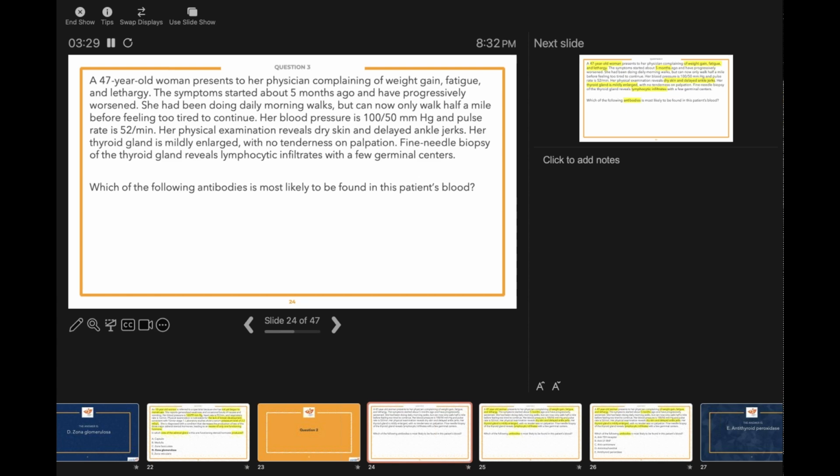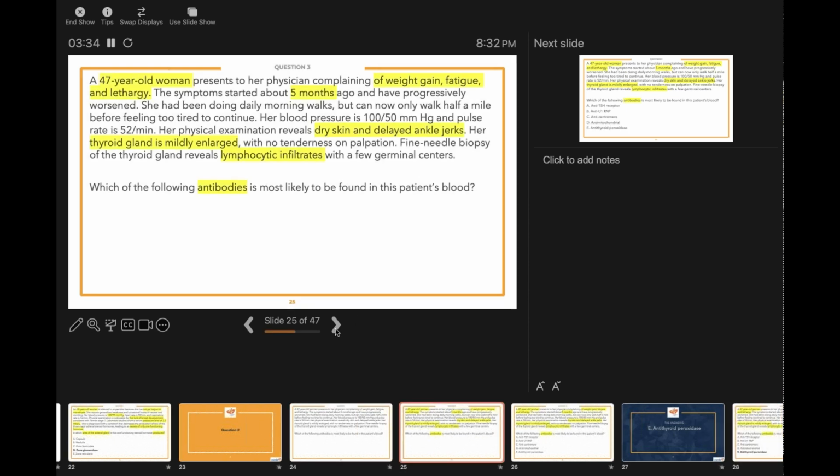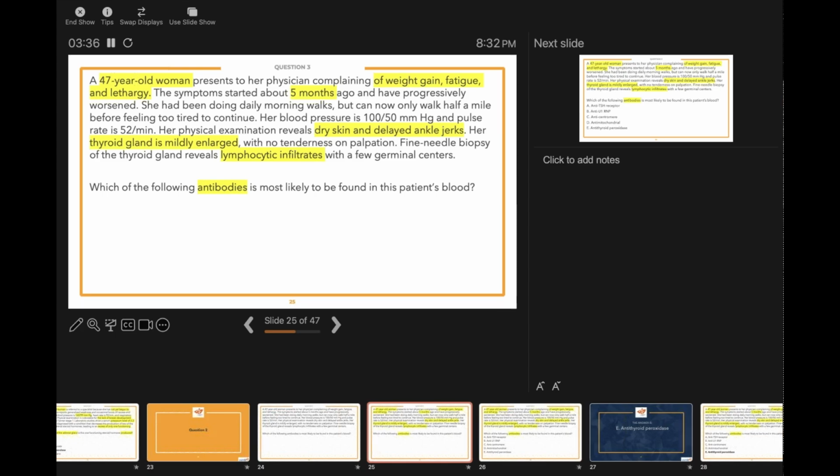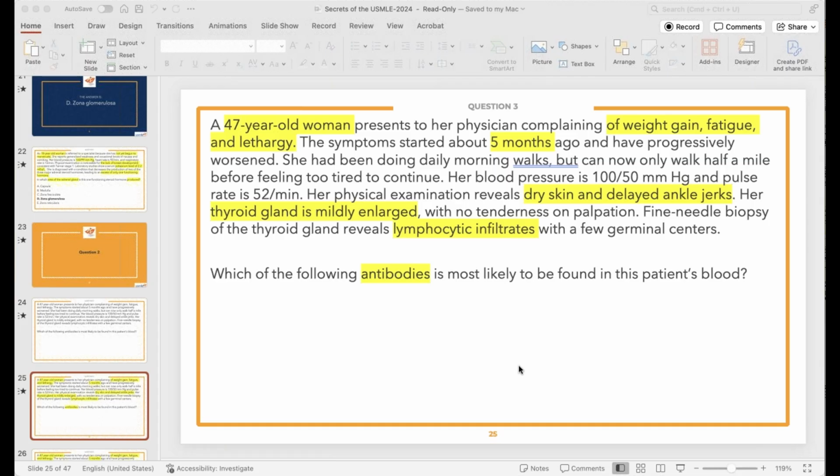Why don't we think about what's going on here and break down the highlighted parts. Antibody is a key word there. Age and sex of the patient, 47-year-old female, weight gain, fatigue, lethargy, 5 months, dry skin, ankle jerks, those are key.